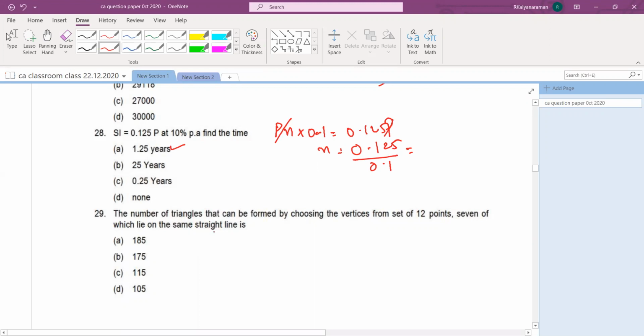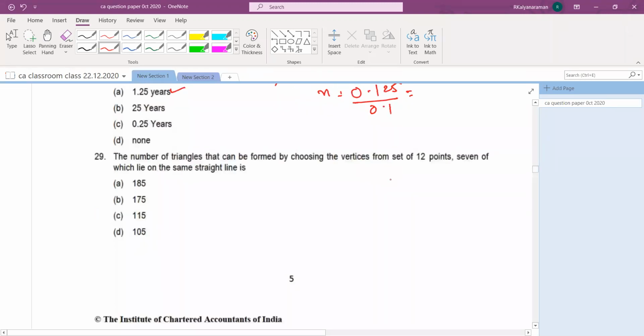The number of triangles that can be formed by choosing the vertices from a set of 12 points, 7 of which lie on the same straight line. Obviously, it is 12C3 minus 7C3, because all the 3 combinations of the 7 points will not give any result.